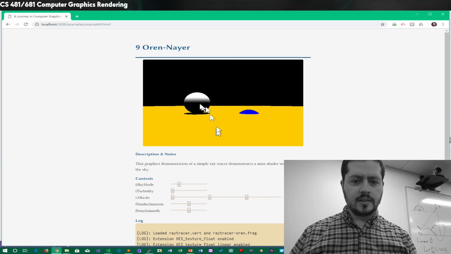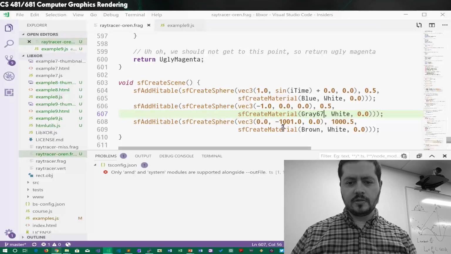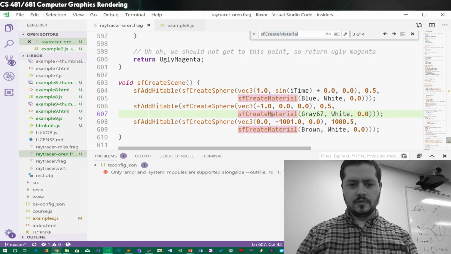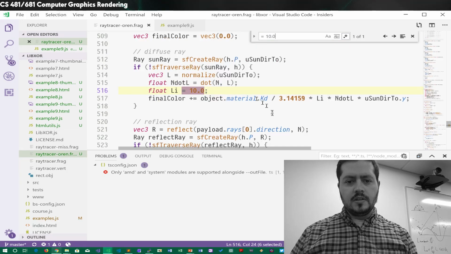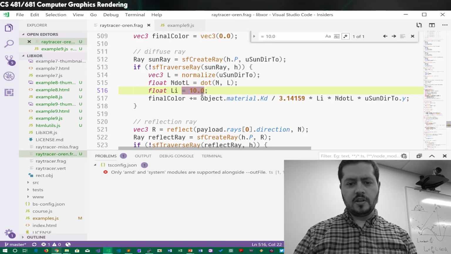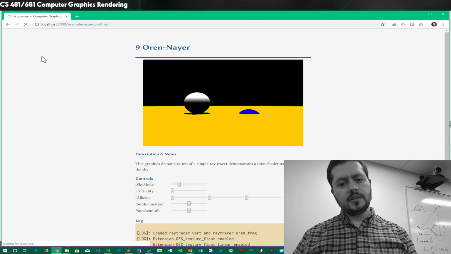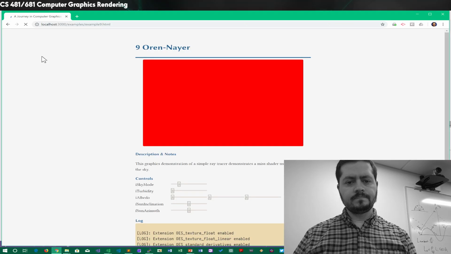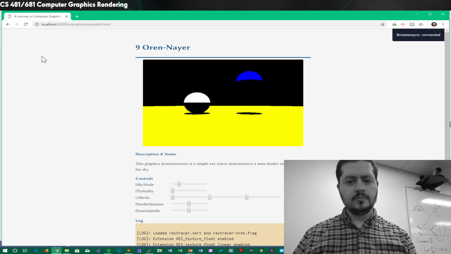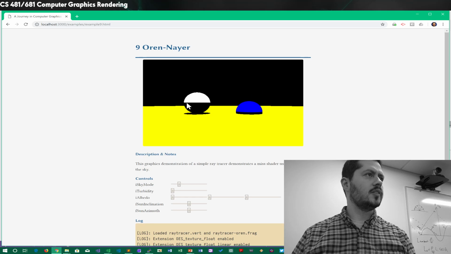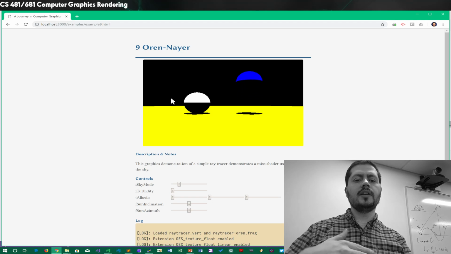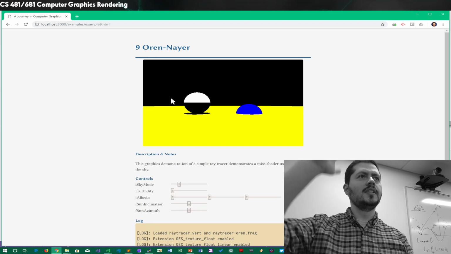Okay, because I think the grays really kind of bring it out. So if we turn this up, so it's 100.0. Okay, so you still kind of get this flat look. The more you drive up the intensity of the sun, the more you get that layer.